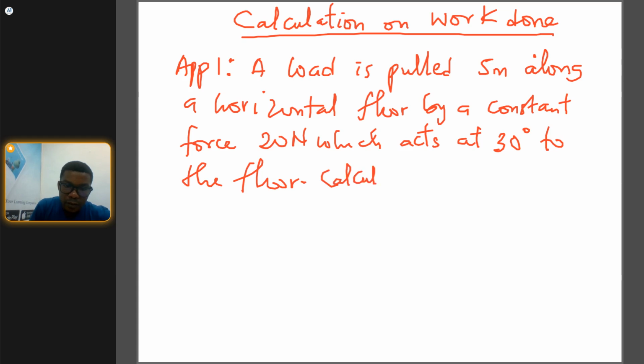Calculate the work done by the force. So we have this question to solve.